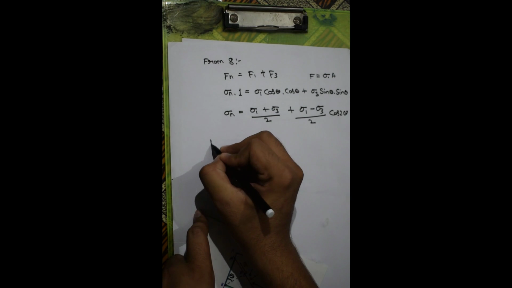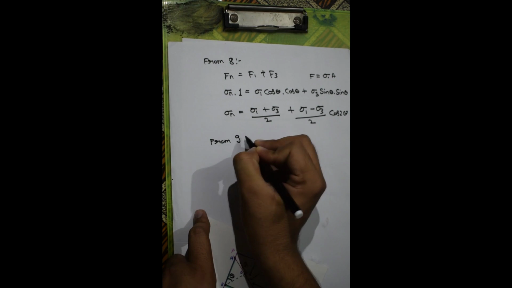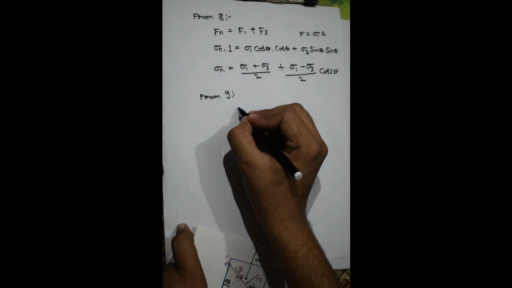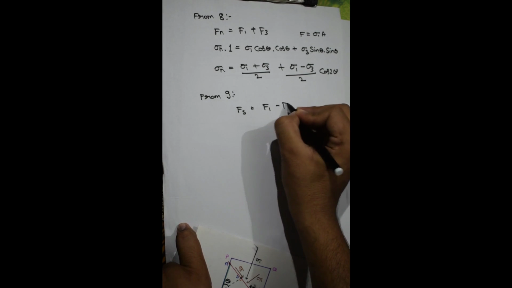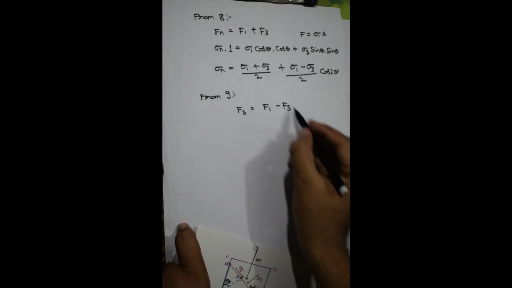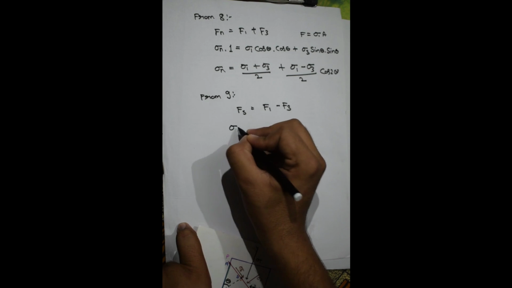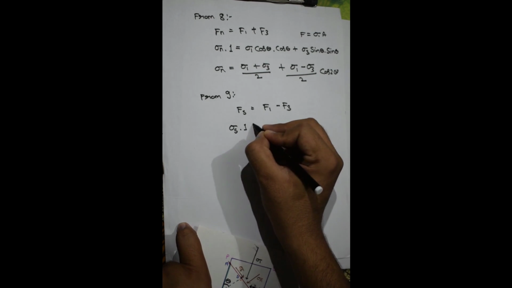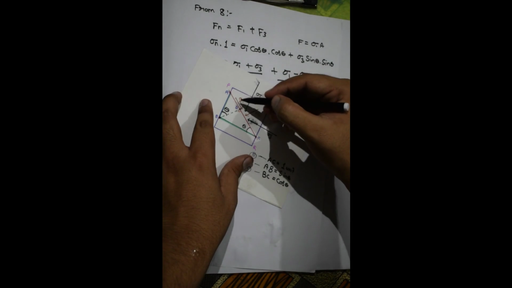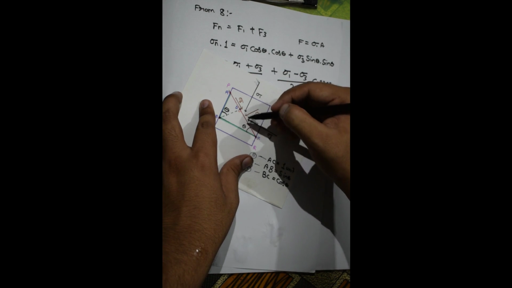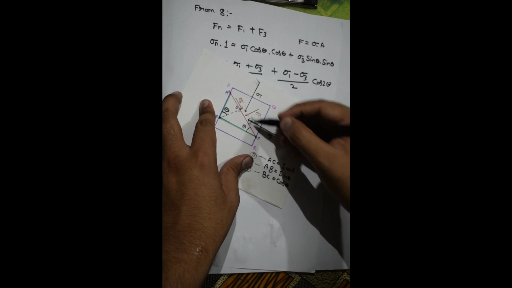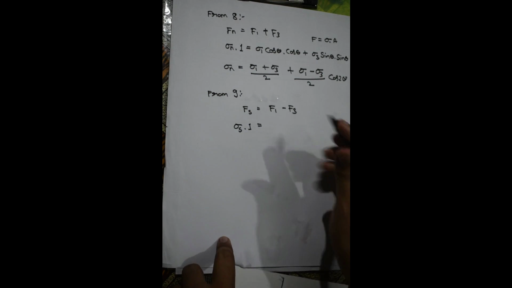Similarly, using equation 9, that was Fs equals F1 minus F3, we can rewrite this as sigma s multiplied by 1, because this sigma s was oriented along this AC trace of the fault plane.